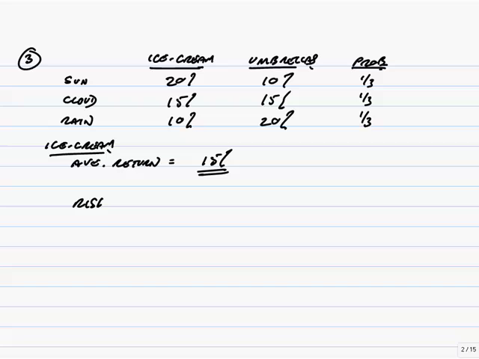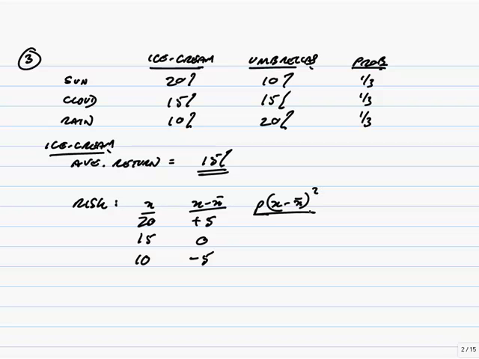What about the risk or the standard deviation? Well, the deviations, 20 is plus 5 away, 0, minus 5. Square them, multiply by the probability. If I do the two steps in one here, so 5 squared times a third is 8.33. 0 squared is obviously 0, 8.33.